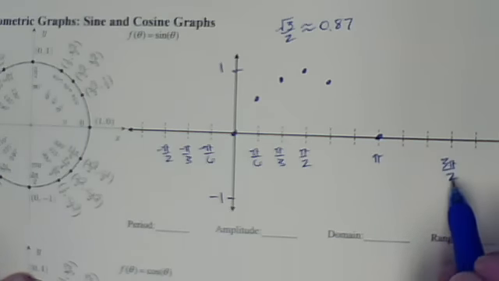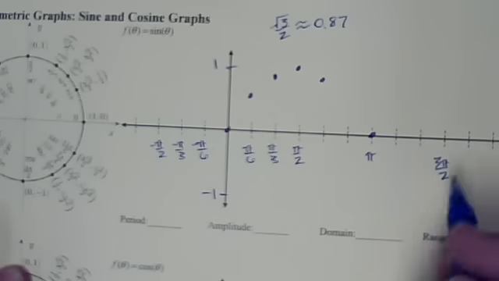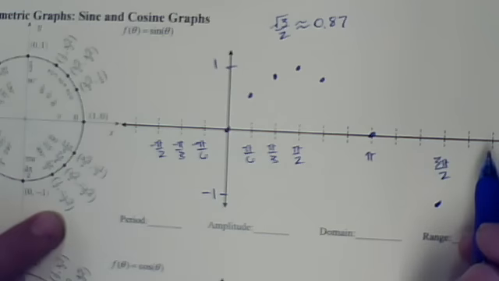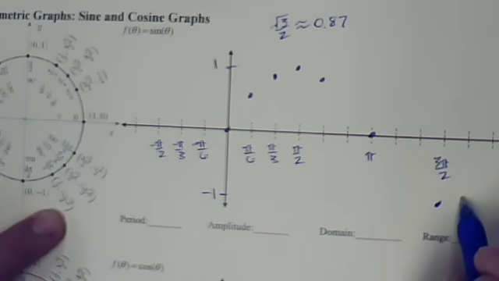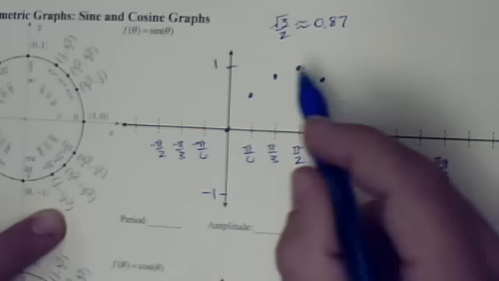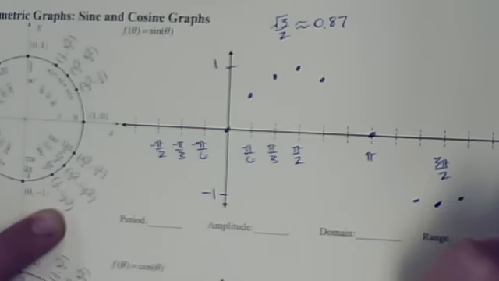So the sine of 3 pi over 2 is -1. So now we're down here. The sine of 5 pi over 3 is -0.87, or negative square root of 3 over 2. So it's back to there. This one's there. So you can see these coordinates are giving you this nice little curvature.